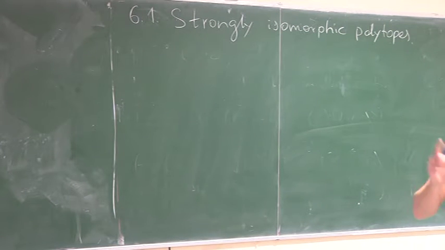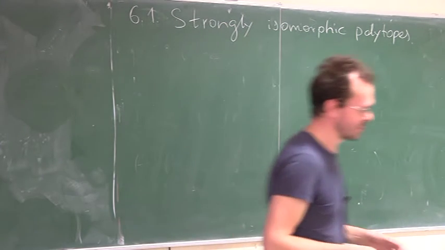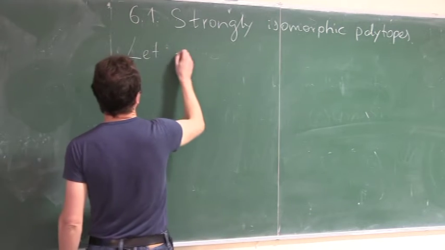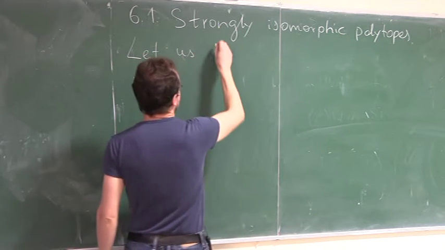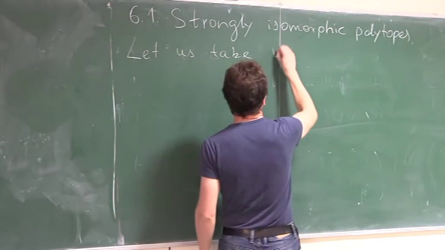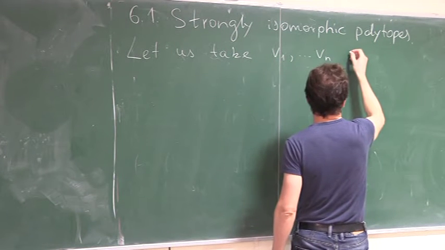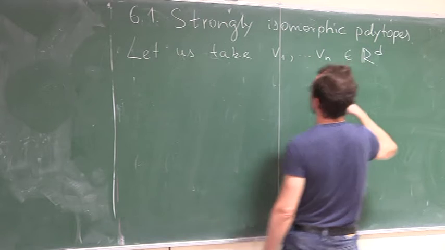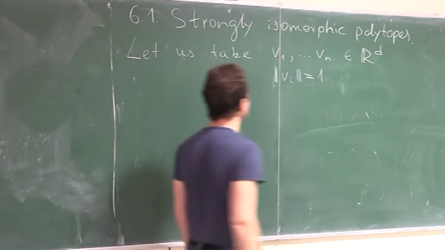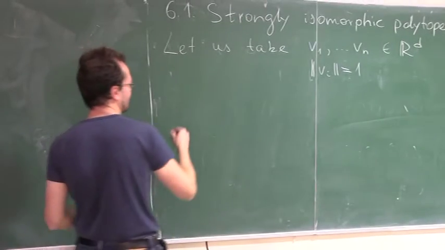Now this is a complete change of the setup, because instead of smooth curves and surfaces, we can see the polytopes. And so let me take vectors v1, so on vn in Rd, actually of the norm 1, and I will use them as the normals to some polytope.